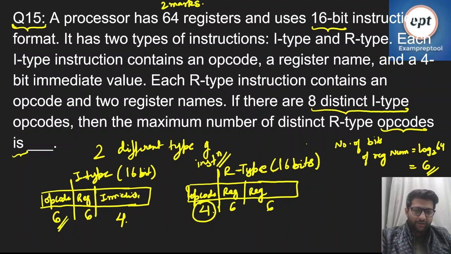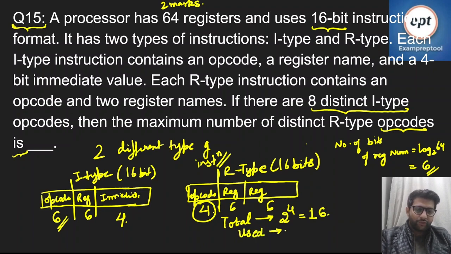So we will start with the least value and see the maximum number of opcodes that can be there for that particular value. So here this will be 2 power 4, that is 16, right?